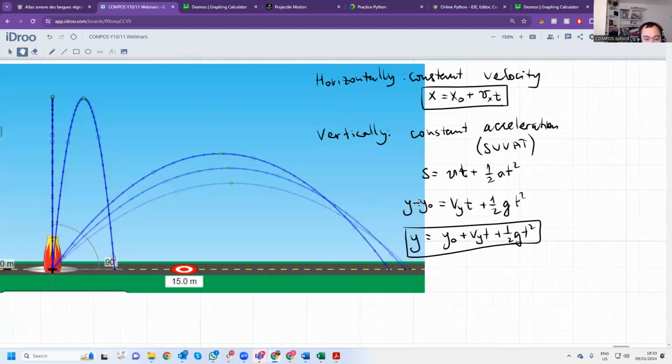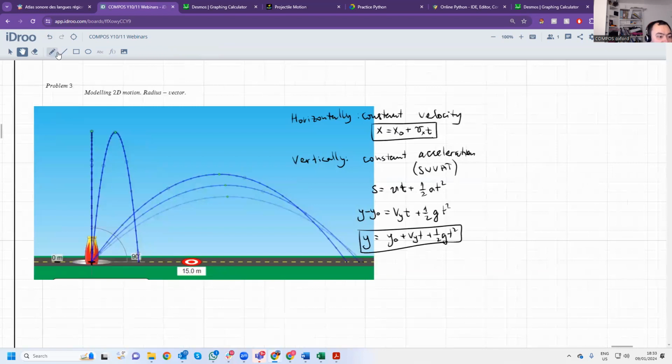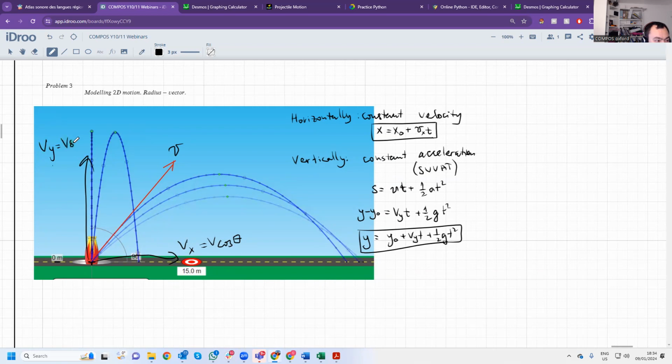Okay, well, what do we also need? We also need vx, the horizontal velocity. If we shoot at an angle, so let's say we shoot at an angle theta with velocity v, then vx is v cos theta, and vy is v sin theta.